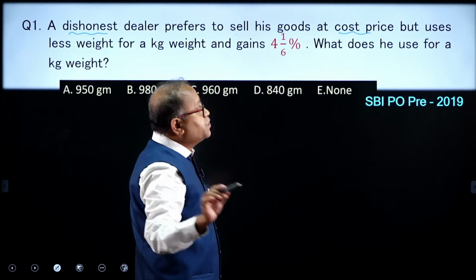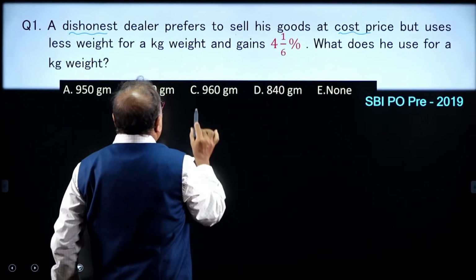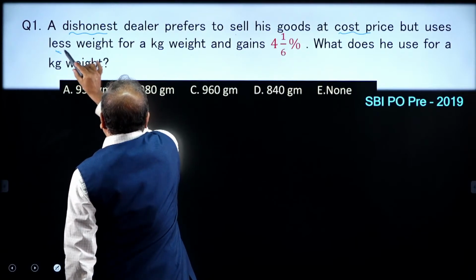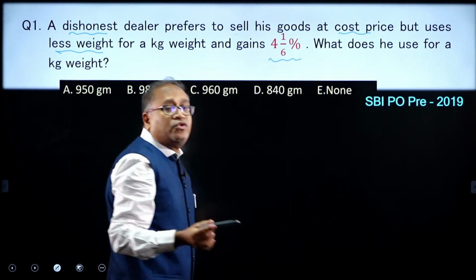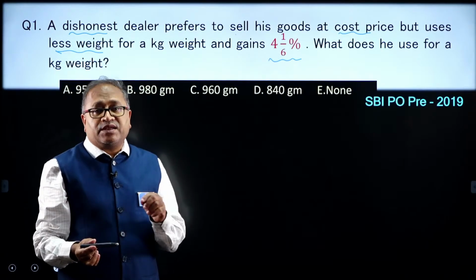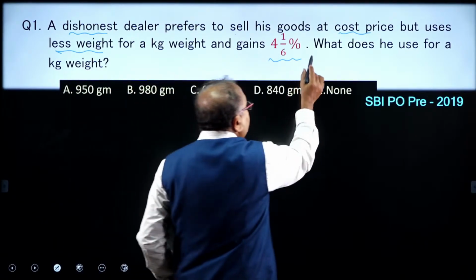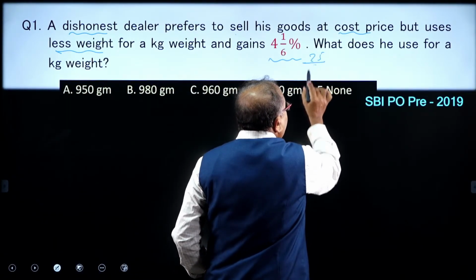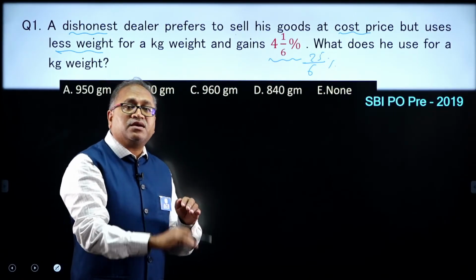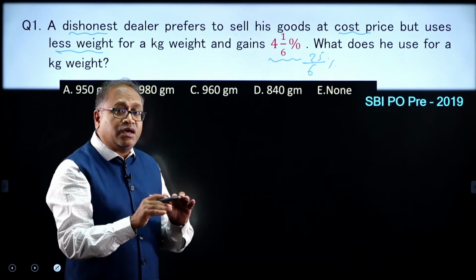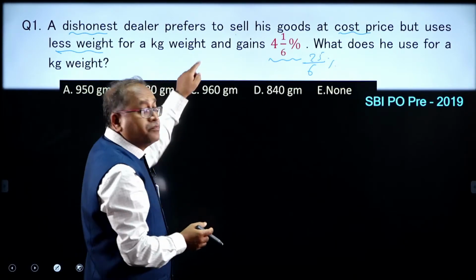Notice the word cost price, but he uses less weight, and therefore he makes a profit of 1/6 percentage, that is nothing but 25/6% profit, because he is selling at a low weight.